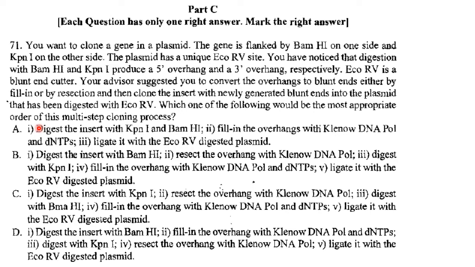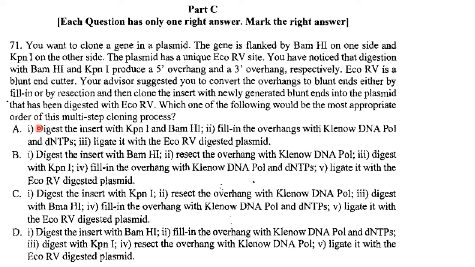So you want to clone a gene in a plasmid, and the gene is flanked by BamHI and KpnI, and the plasmid is having EcoRV. So you have to ligate this gene to the plasmid at EcoRV. The problem here is the gene being flanked with BamHI and KpnI produces cohesive ends on restriction digestion, whereas the plasmid EcoRV is a blunt end cutter.